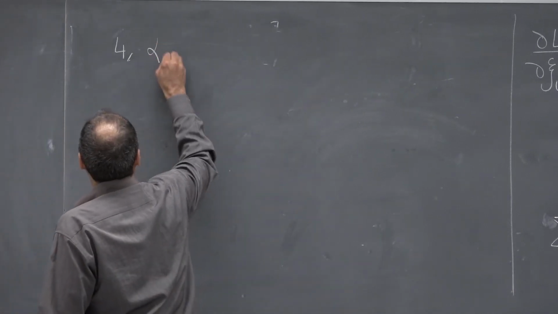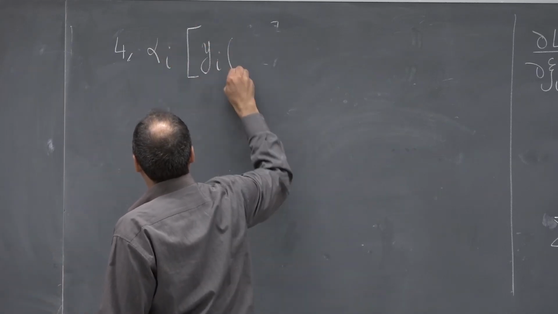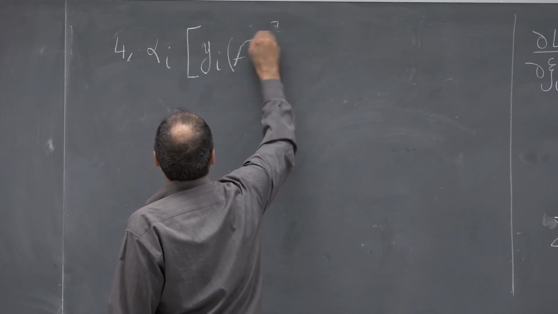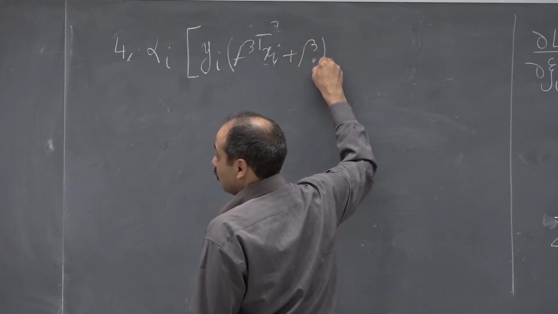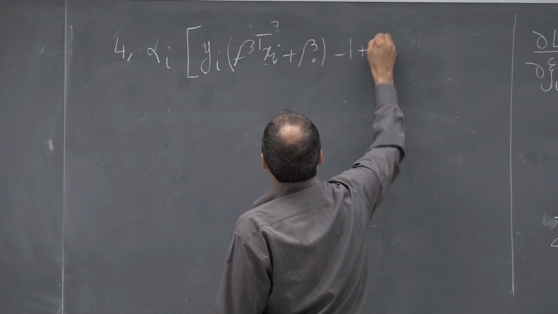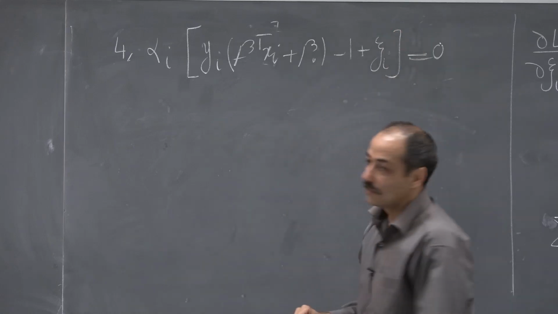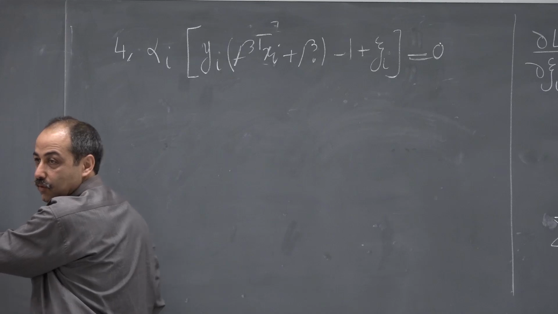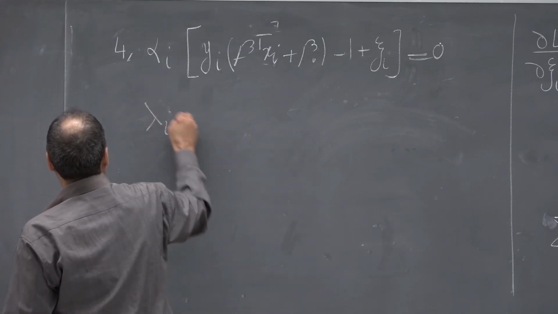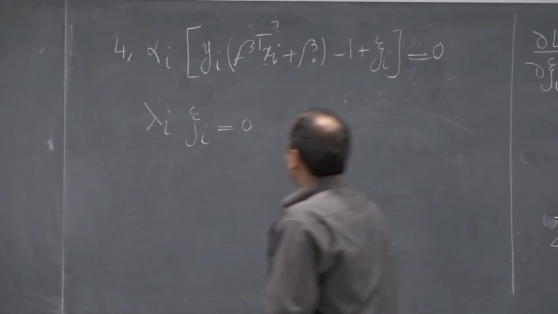So it means alpha I times yi beta transpose xi plus beta null minus 1 plus zeta I is equal to 0. And also this dual variable times its corresponding primal variable should be 0. So it means that lambda I zeta I is equal to 0.